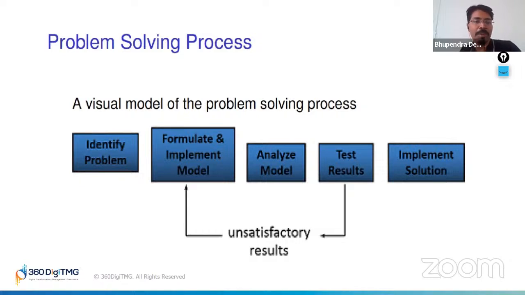Now, let's talk about the problem-solving process. It's a visual model of the problem-solving process here. We identify the problem, we formulate and implement the model, we analyze the model, we test those results and implement solutions. If we get unsatisfactory test results, then we make sure that we formulate and implement the model again.